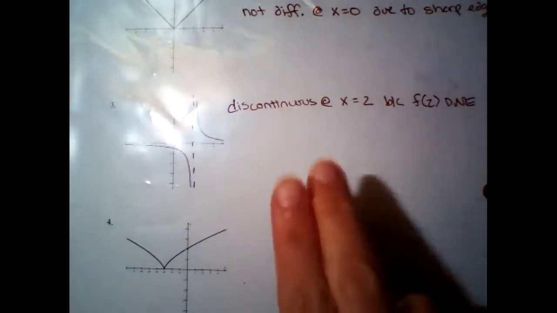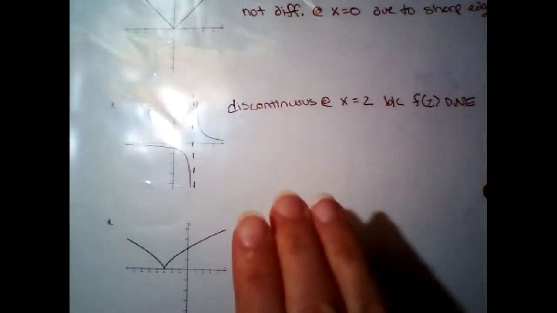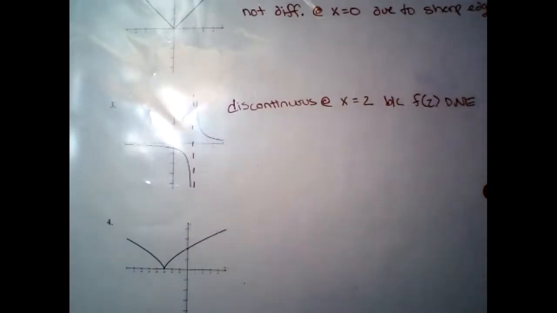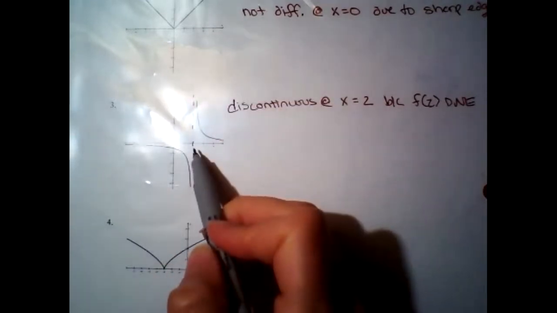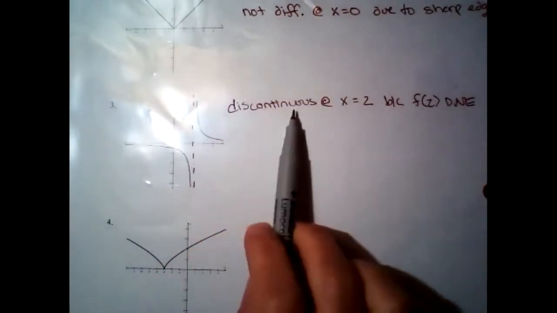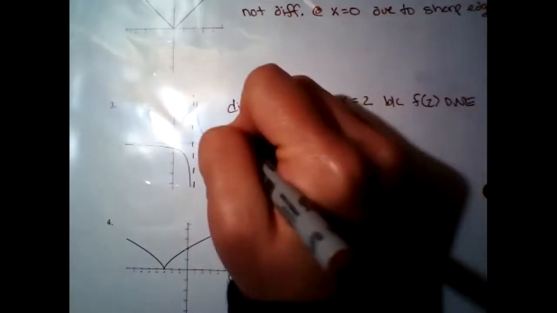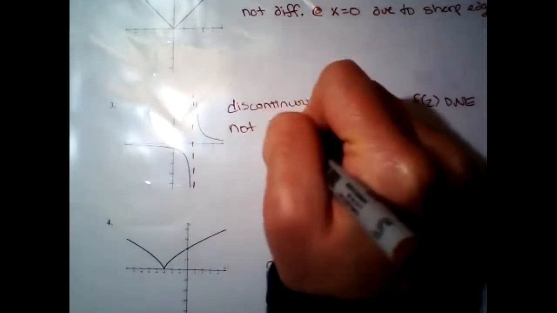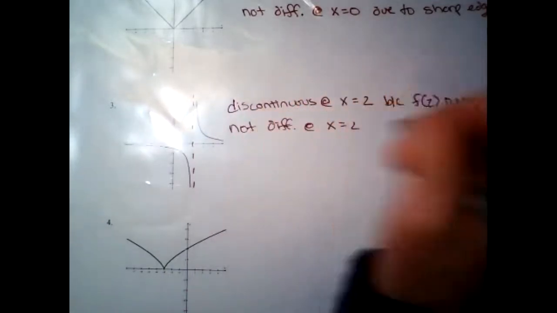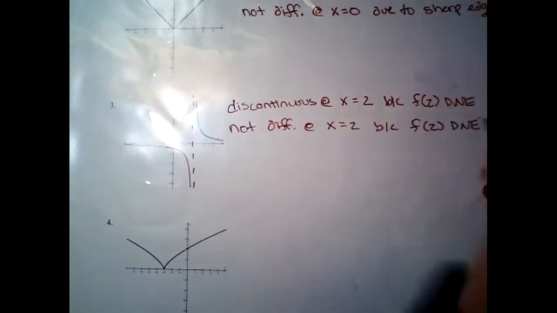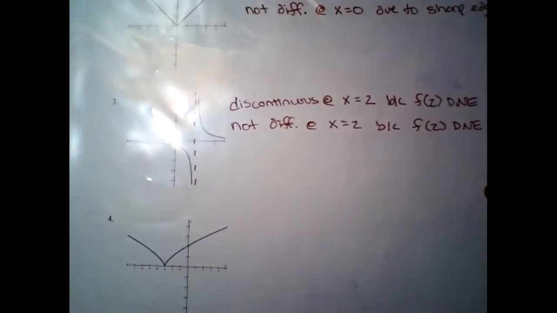There's a point, there's a limit, and they equal each other. Well, we don't even have a point at 2. There is no point at all there. So if the graph has a discontinuity, then we're also not differentiable at 2, for the exact same reason, because we have a discontinuity. If we're missing that point entirely, we can't get a derivative there.